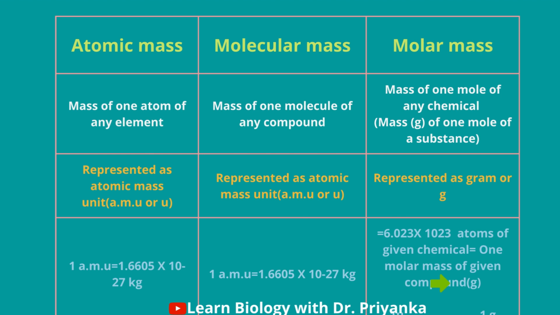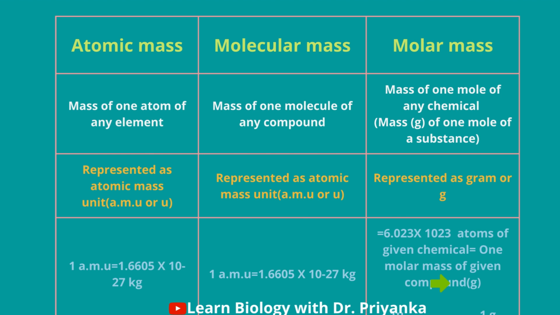So here we represent atomic mass in atomic mass unit or u, and molar mass is represented in gram or g. One atomic mass unit is equal to 1.66 times 10 to the power minus 27 kg.